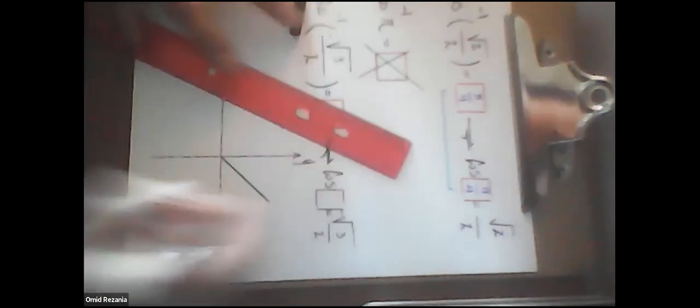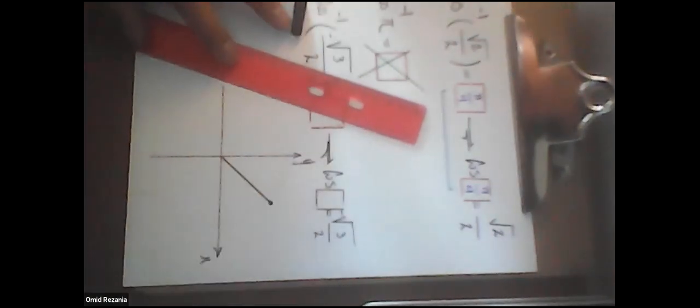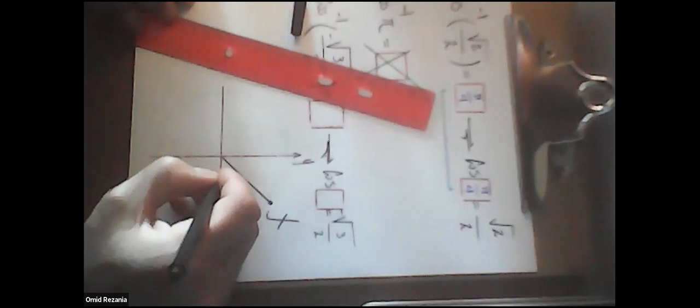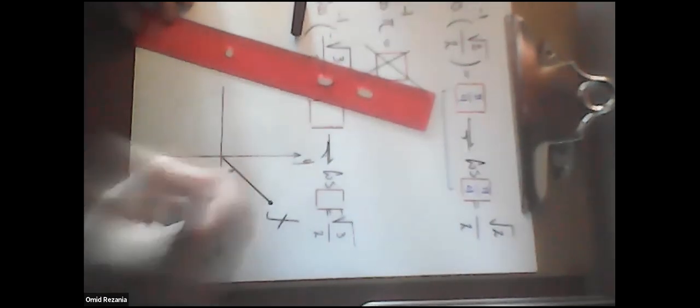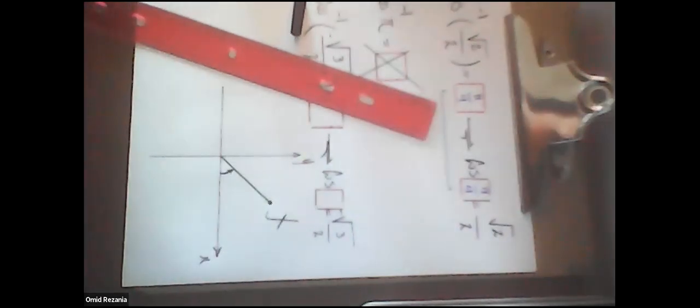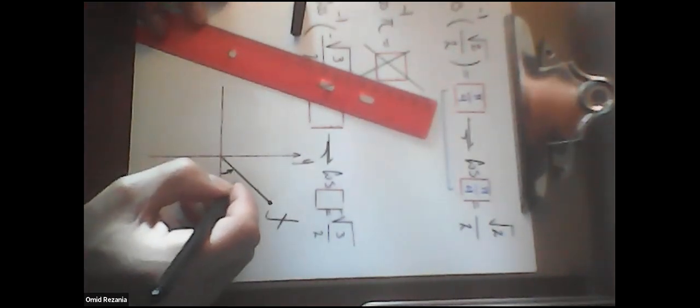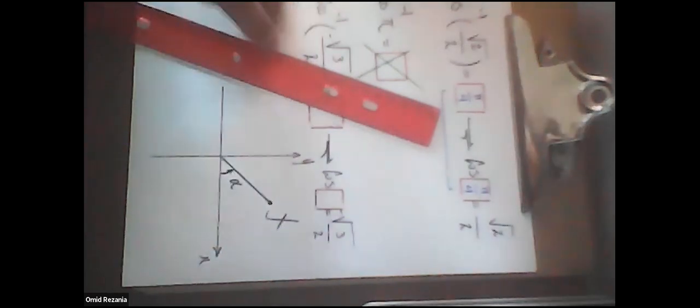For this one, I just find a point here on the circumference of the circle, and I call that point X. Let's call that angle alpha. Do that in a very general way.